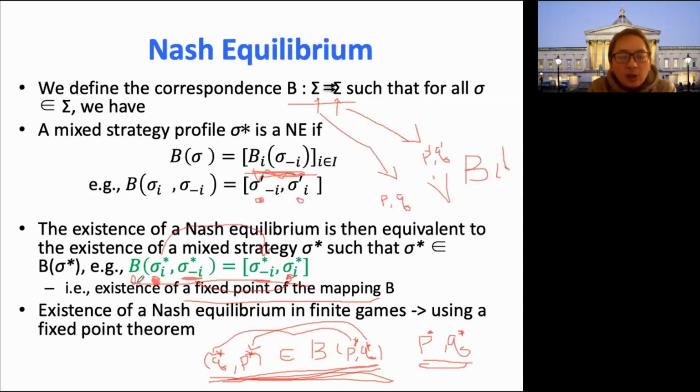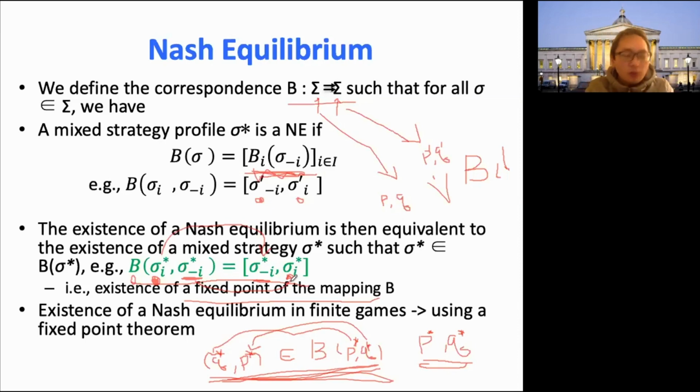As long as you can prove that this best response mapping has a fixed point, then by definition of Nash equilibrium, this fixed point is a Nash equilibrium. Therefore, you proved the existence of Nash equilibrium.